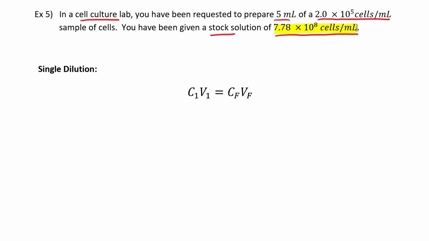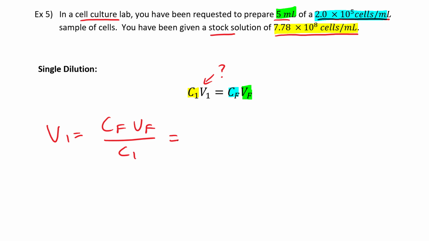So here is my initial concentration. Here is my final concentration. And this value here is my final volume. So I need to determine what my initial volume will be. V1 is equal to, let's rearrange it. Sub in our values now.